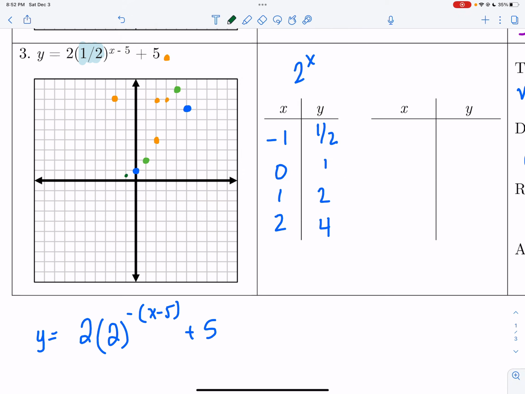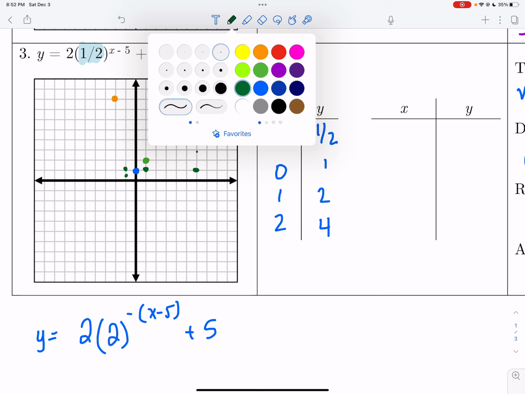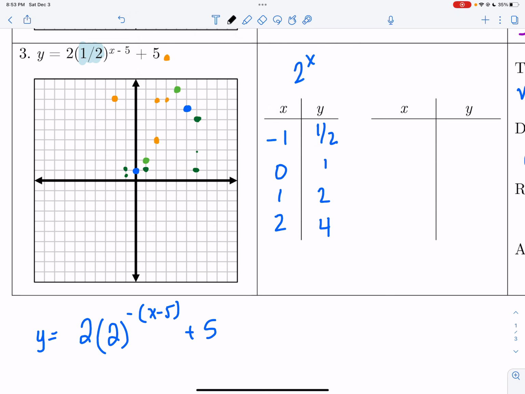That 1/2 turns into 1 once I multiply by 2, a reflection across the y-axis, right 5, and then up 5, which gives you that graph right here with an asymptote of 5. Connect your dots. And there's your graph.